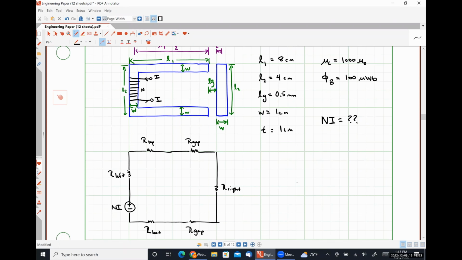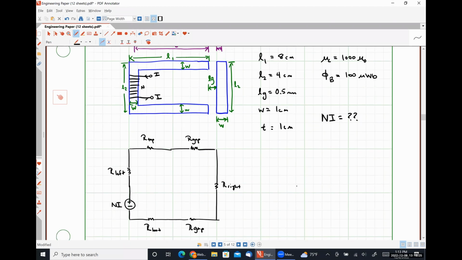So going to that air gap. The flux is being generated by the coil, right? So the coil is providing some amount of magnetomotive force, which is establishing the flux and pushing it through the path. Because magnetic fields form closed loops, whatever flux is generated by the coil is the flux that's traveling around the whole circuit.